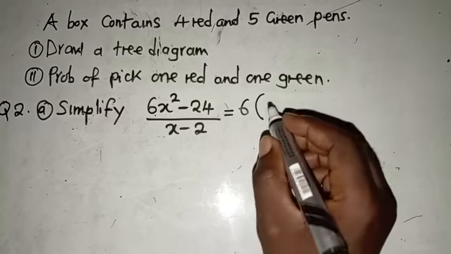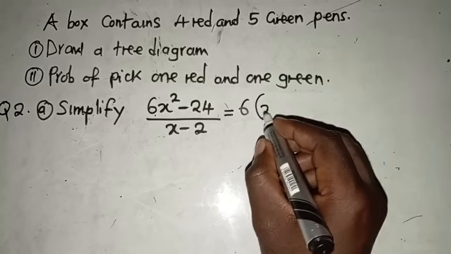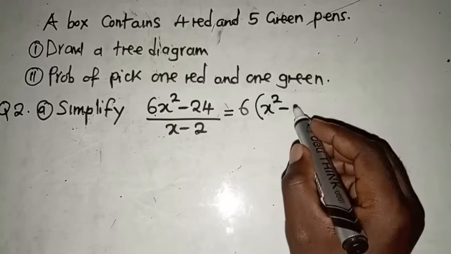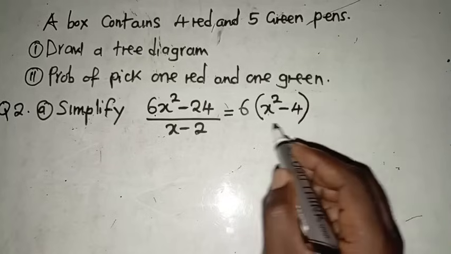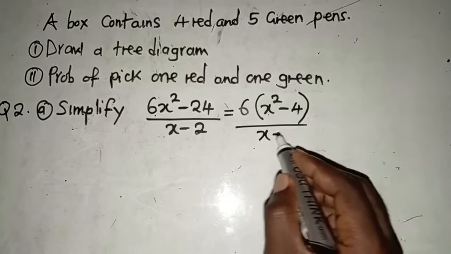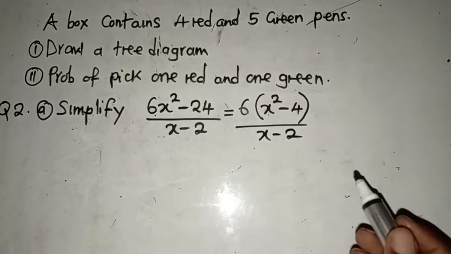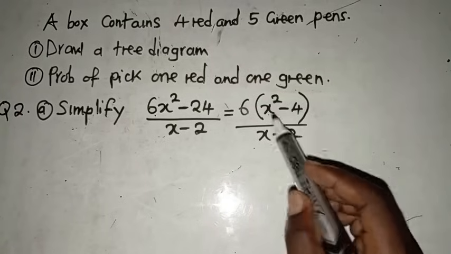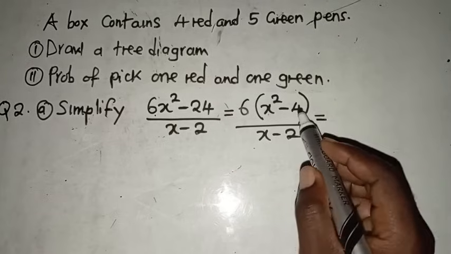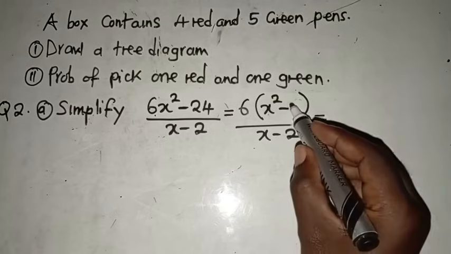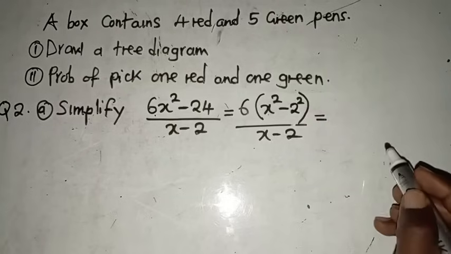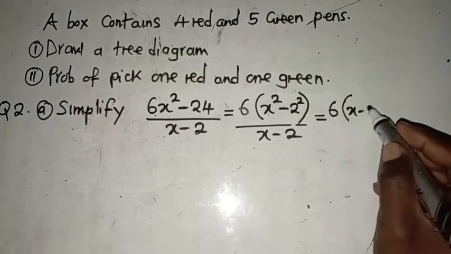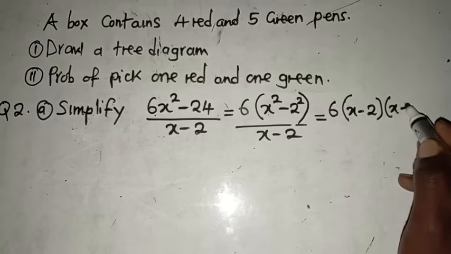I know that x squared minus 4 is a difference of 2 squares, which can also be written as x squared minus 2 squared. So this is 6, then x minus 2, x plus 2.